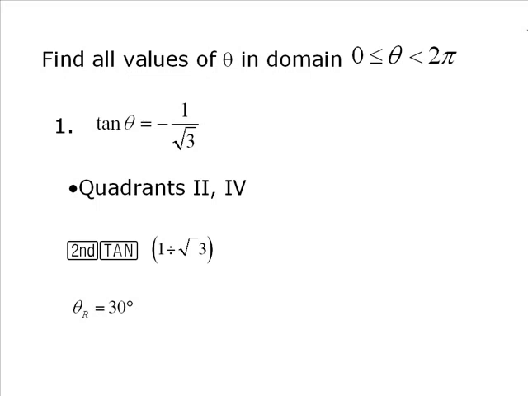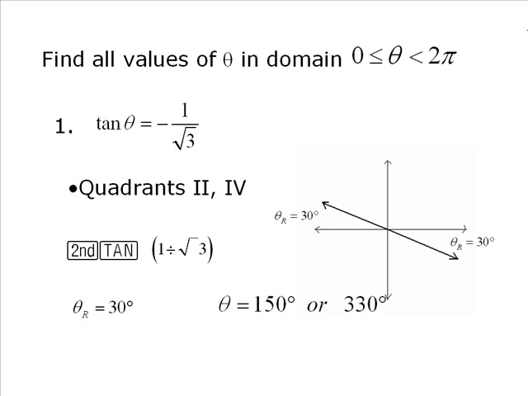And then the method continues by taking that 30-degree reference angle and putting it in quadrants 2 and 4. Remember, the reference angle is always off the x-axis. So we have a 30-degree angle in quadrant 2 as well as a 30-degree angle in quadrant 4. And now we just find out the rotation angle in both cases.